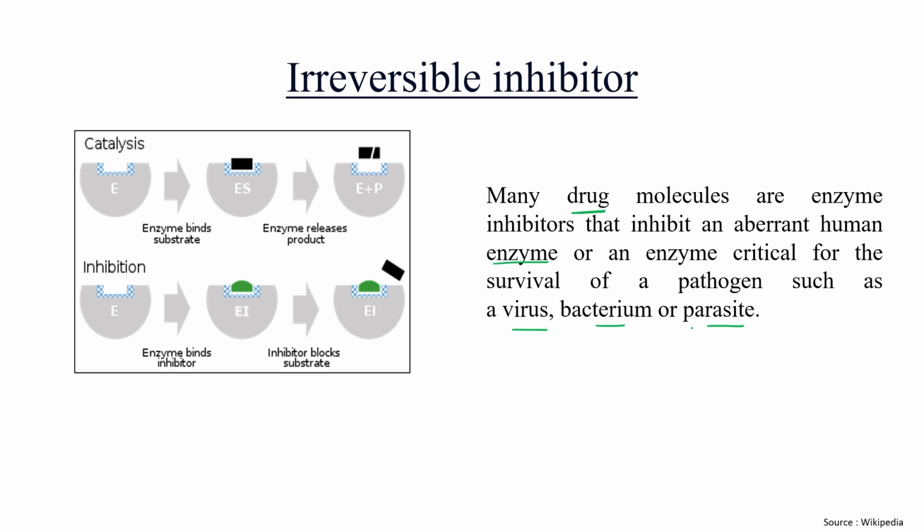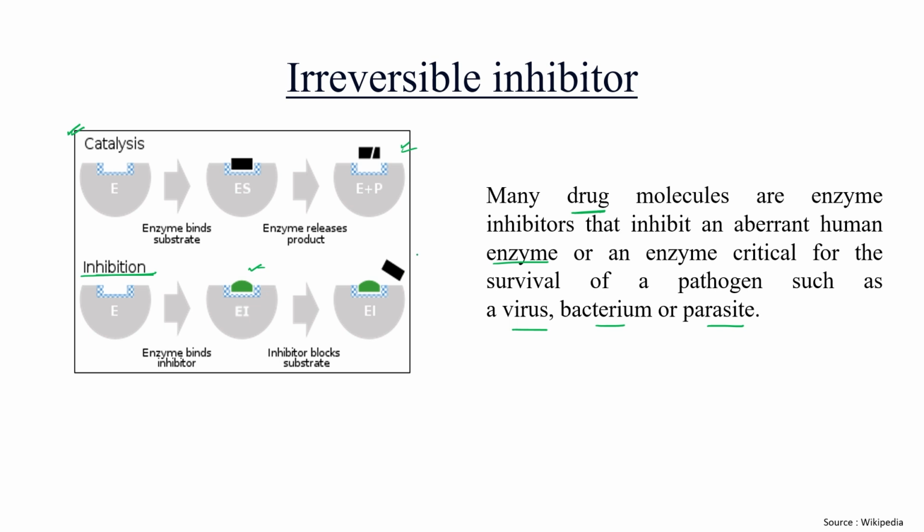Okay, so this is all about the irreversible inhibitor. As you can see, this is the catalysis reaction. The enzyme and substrate bind, and after converting the substrate into the product, the enzyme is released from its location. While if inhibition is there, then the enzyme binds to the inhibitor. So an enzyme-inhibitor complex is formed, and the inhibitor blocks the substrate.